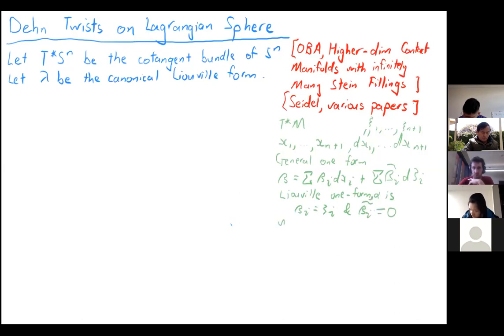Then you can write your Liouville one-form as this.